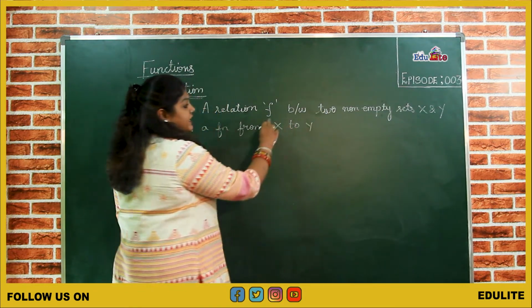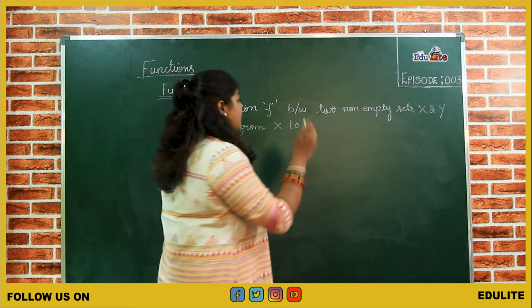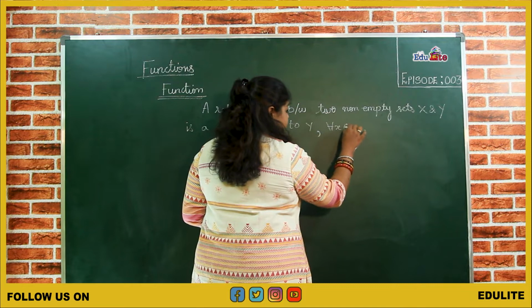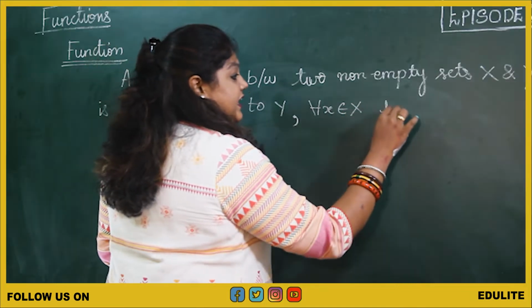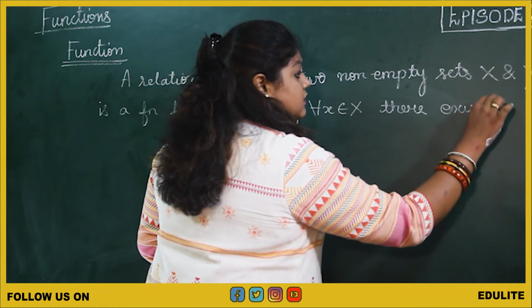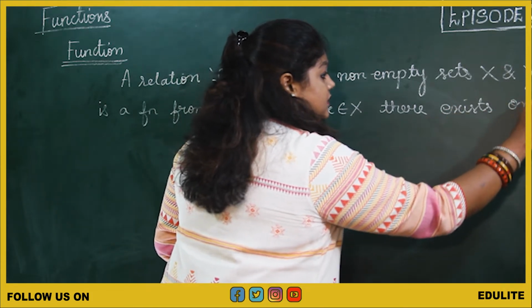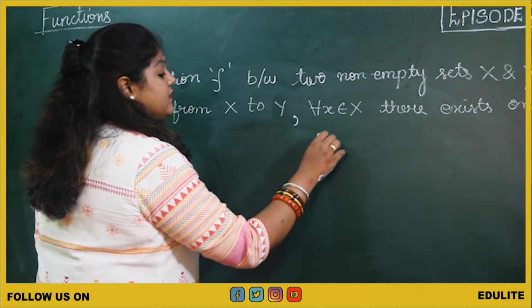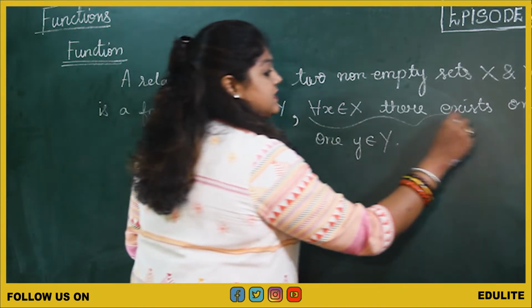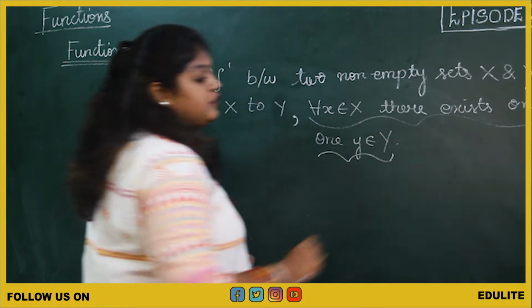So, f is called a function from x to y under a condition: for every x in x there exists only one y in y. So, this represents the definition of a function.